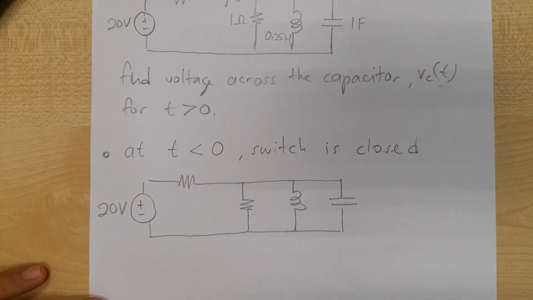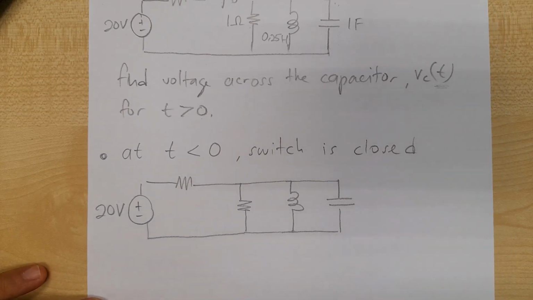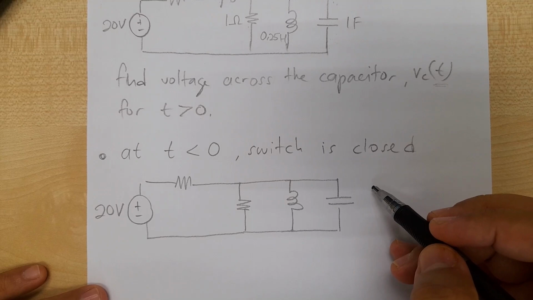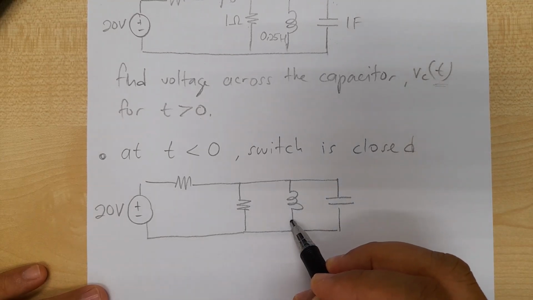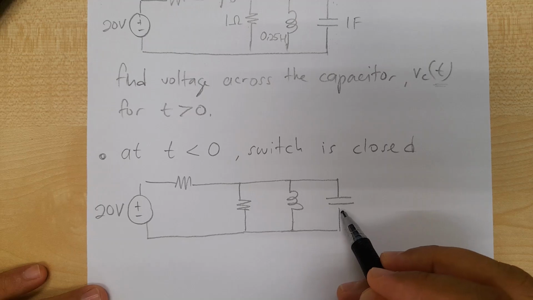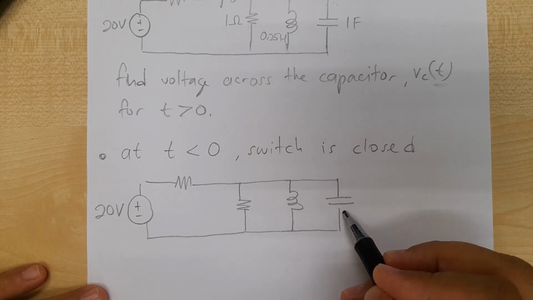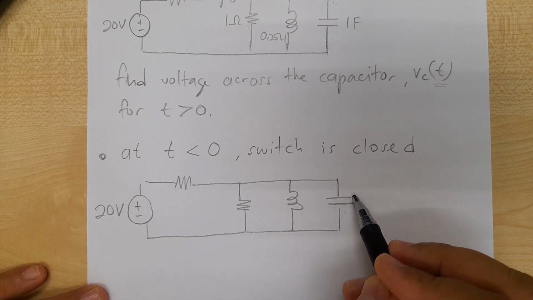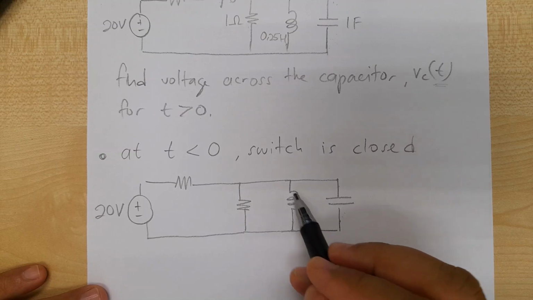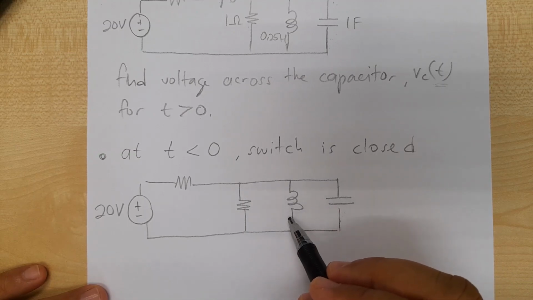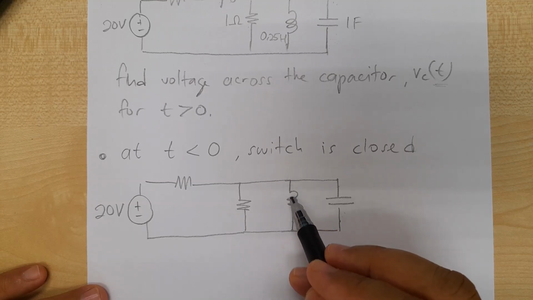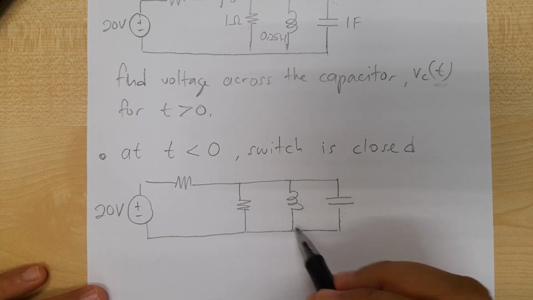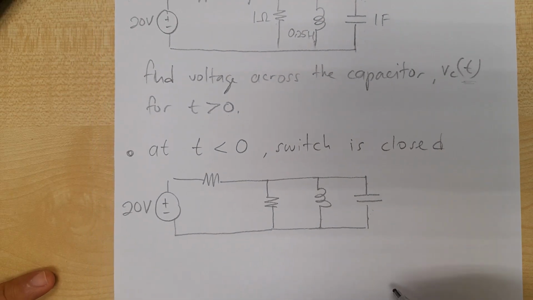Now because of the constant voltage supply, we know that the inductor will become shorted and the capacitor will become open, because when the capacitor is fully charged, it is similar to an open circuit, and when the inductor is supplied with a constant source, it will become similar to a shorted line.